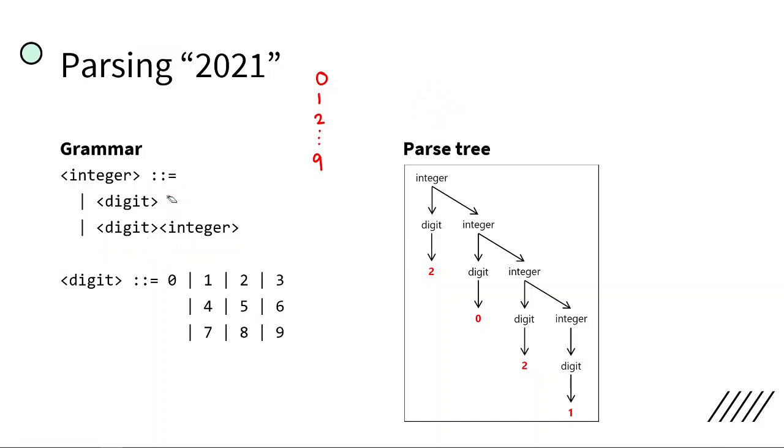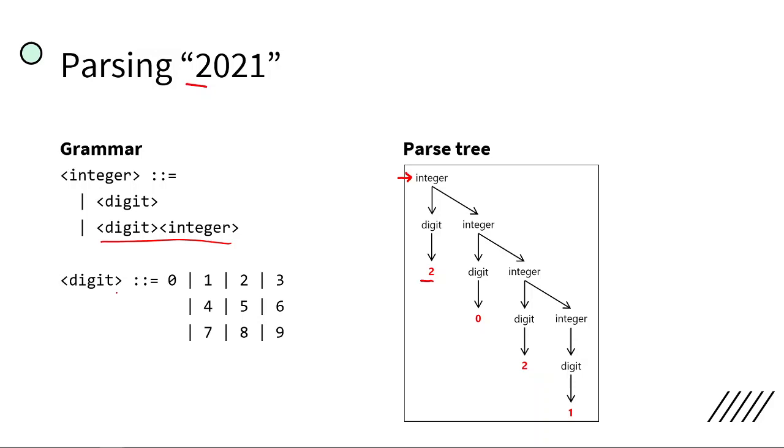So now, let's proceed with parsing the string 2021. Of course, we start with the initial non-terminal, which is integer. And then we break it down or expand it to digit integer. And then this digit will become 2.